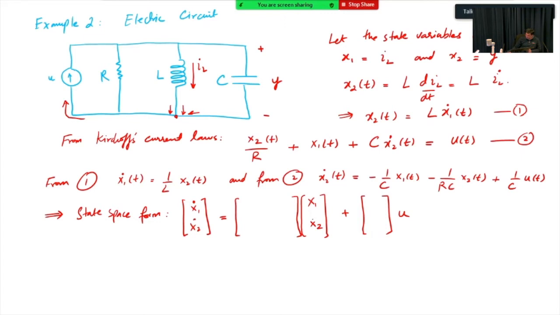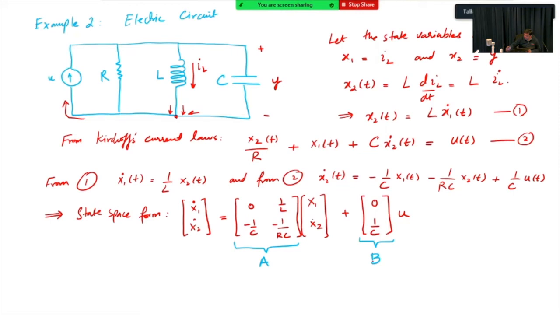So x1 dot is 1 over L x2, and x2 dot is minus 1 over C, minus 1 over RC, and then there is 1 over C here. So this is your matrix A, and this is your matrix B.